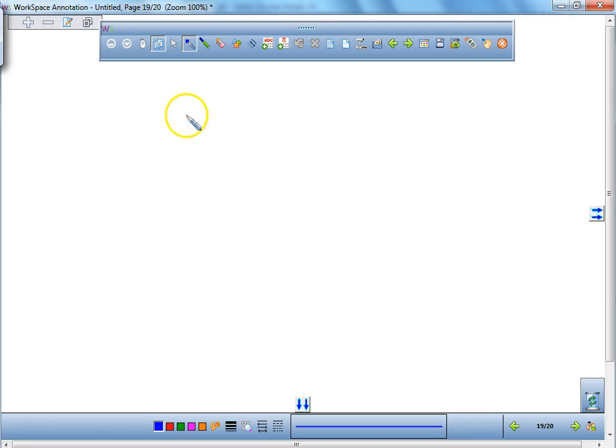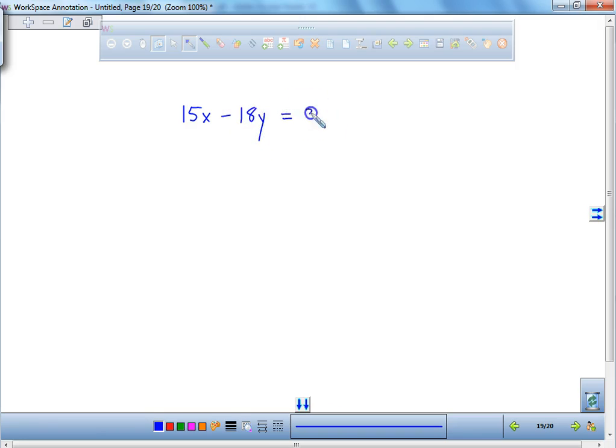We're going to create a problem. I'm going to call it 15x minus 18y equals 30. And this is in ax plus by equals c form. Now technically this is not in standard form. Wait a second. Are all these integers? Yes.